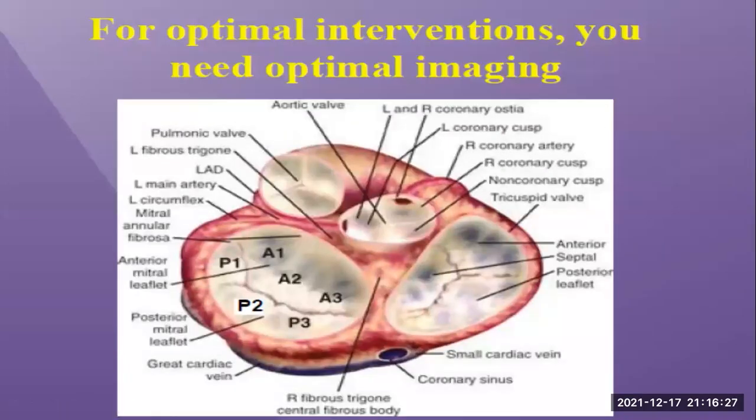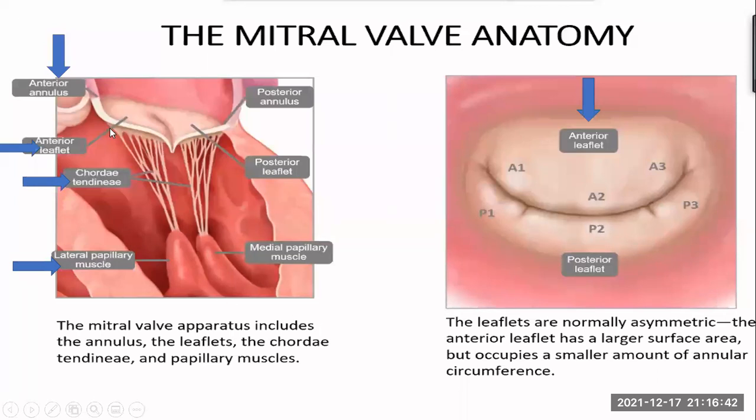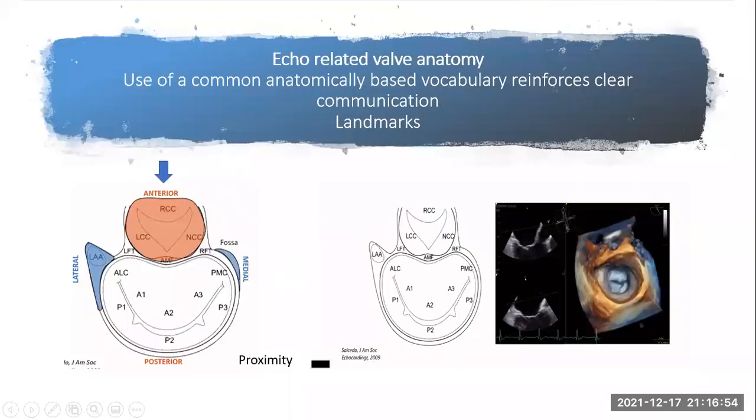You can see here the anterior mitral leaflet proximal to the aorta, and the posterior mitral leaflet with the scallops A1, A2, A3, P1, P2, P3. Then we also have the anterior annulus, the posterior annulus, the chordae tendineae, and the papillary muscles, the lateral papillary muscle and the medial papillary muscle.